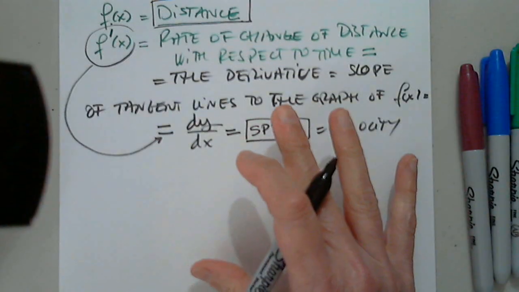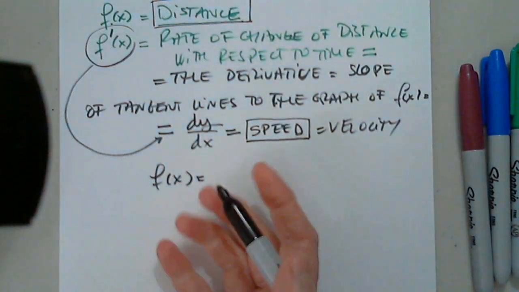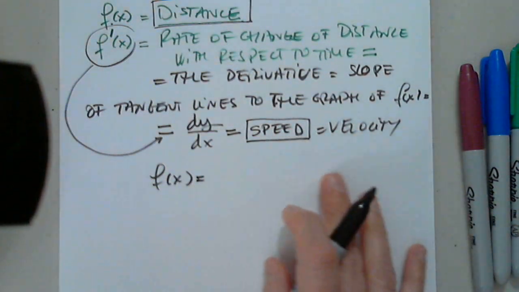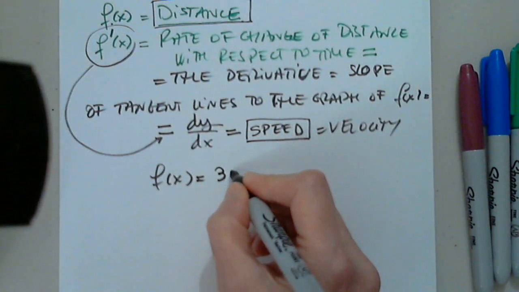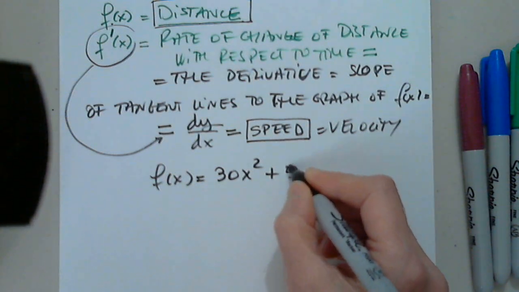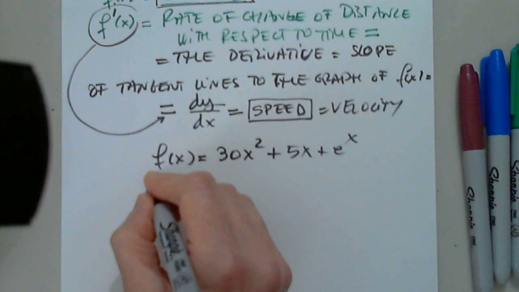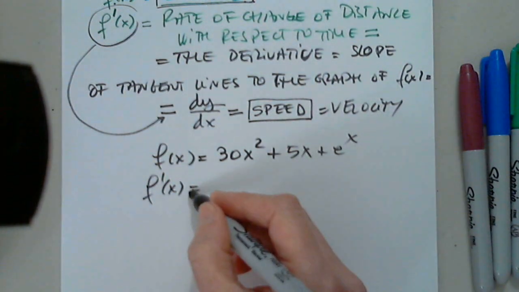So in the past, if the distance function, give me any function, anything you want, with natural log, with exponential, polynomial, you choose. 10x squared plus 5x, plus x e to the x. Let's say this is the distance. Here is the velocity. What will the velocity be?